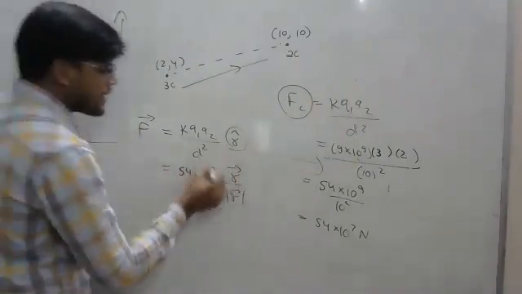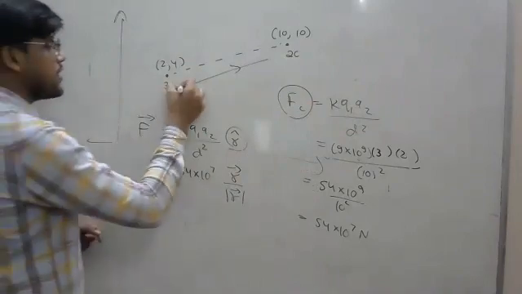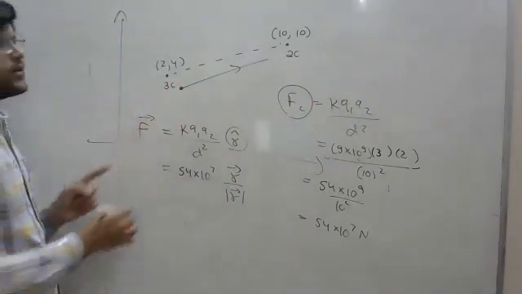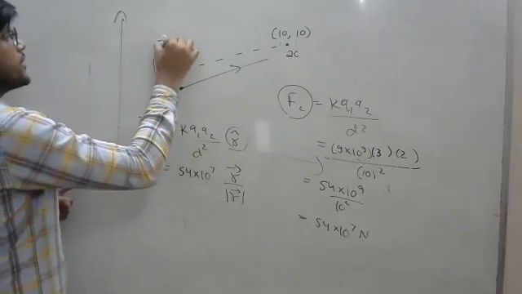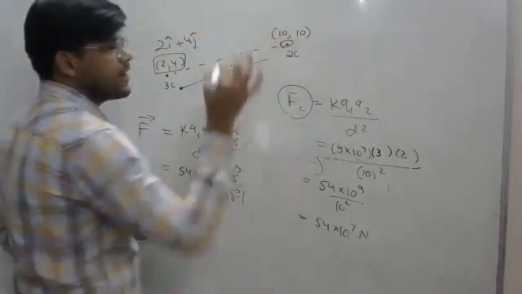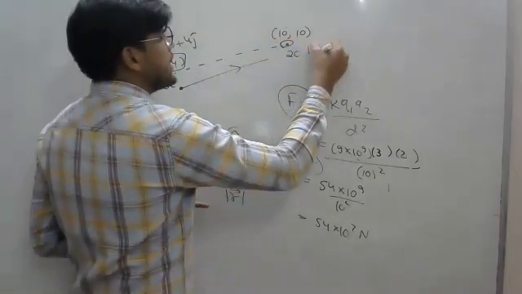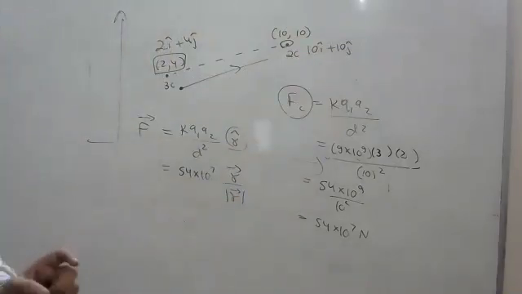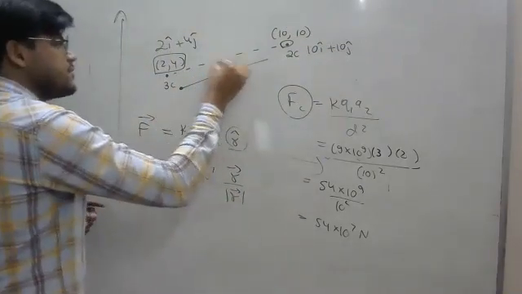Okay. R cap कैसे find करते हैं? वो बहुत easy है. इस point पे what will be the vector? 2i plus 4j. इस point पे vector will be 10i plus 10j. And this direction is important.